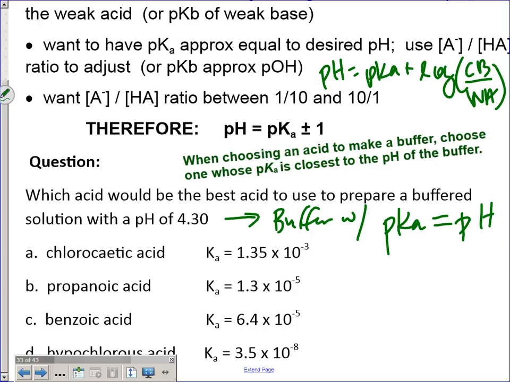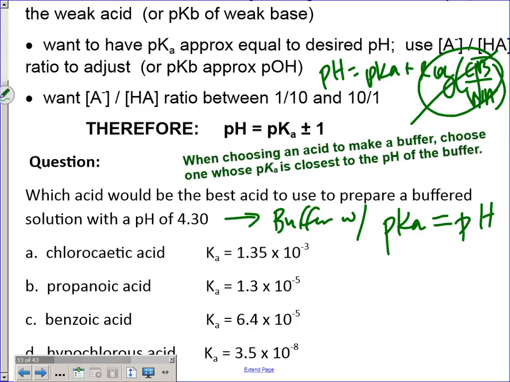Well, if pH equals pKa, what's the log of 1? 0, okay? So if the log of 1 is 0, and we always attempt to have our buffers have a pretty equal amount of our conjugate base and our weak acid, because that gives us the best capacity, if that's 1, meaning the overall log is 0, what's the only thing left to control the pH? The pKa, which is just basically the nature of that acid, the extent of dissociation of that acid.